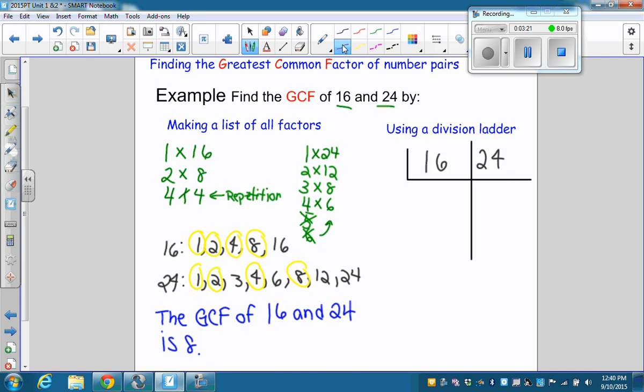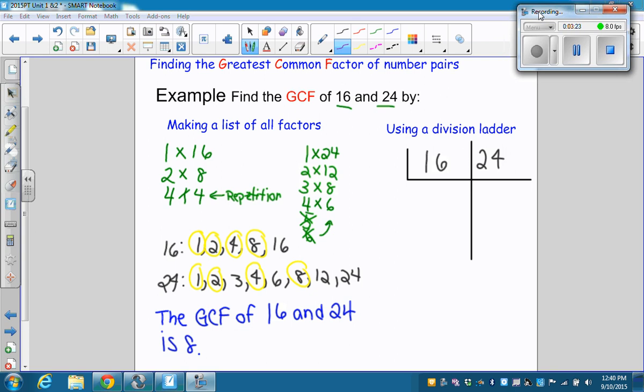So for example, a lot of you, when you think of 16 and 24, the first common factor that comes to mind might be 2. You could put any common factor there, but I'm going to start with 2.